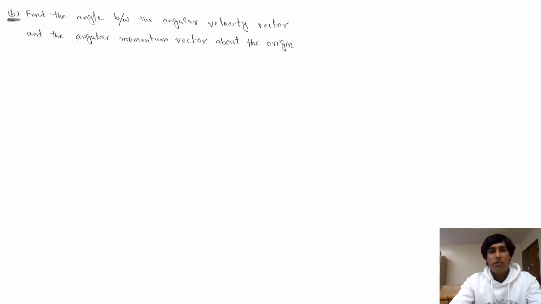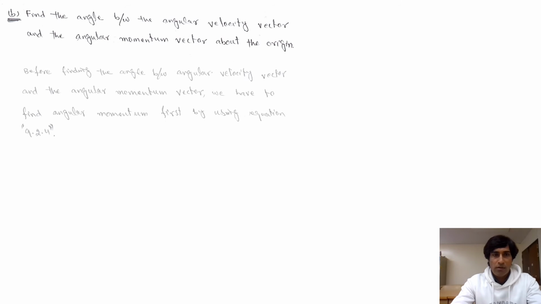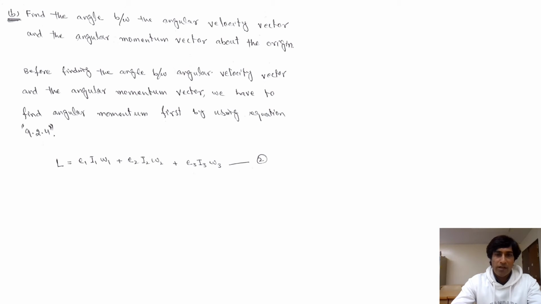The second part of the problem is that we have to find the angle between the angular velocity vector and the angular momentum vector about the origin. Before finding the angle, we have to find the angular momentum first by using equation 9.2.4. I labeled this equation as equation 2 in this problem.